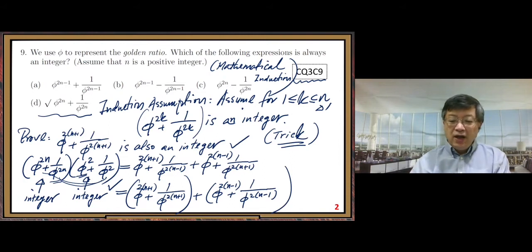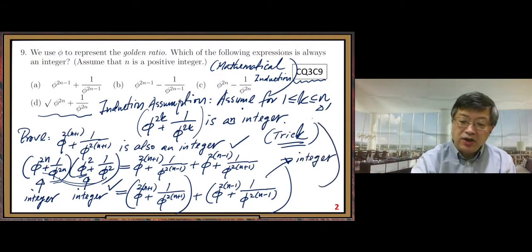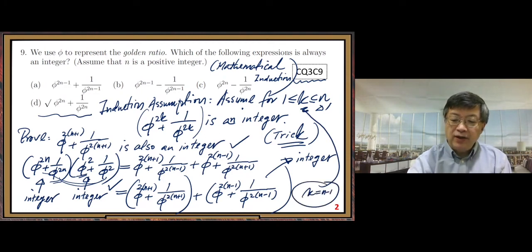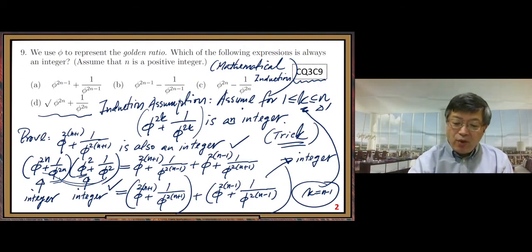Okay? All right. The second parenthesis also an integer. Can you see that? The second parenthesis also an integer. Why? Induction assumption, when k equals n minus 1, right? In that range between 1 and n. So the second parenthesis also integer.